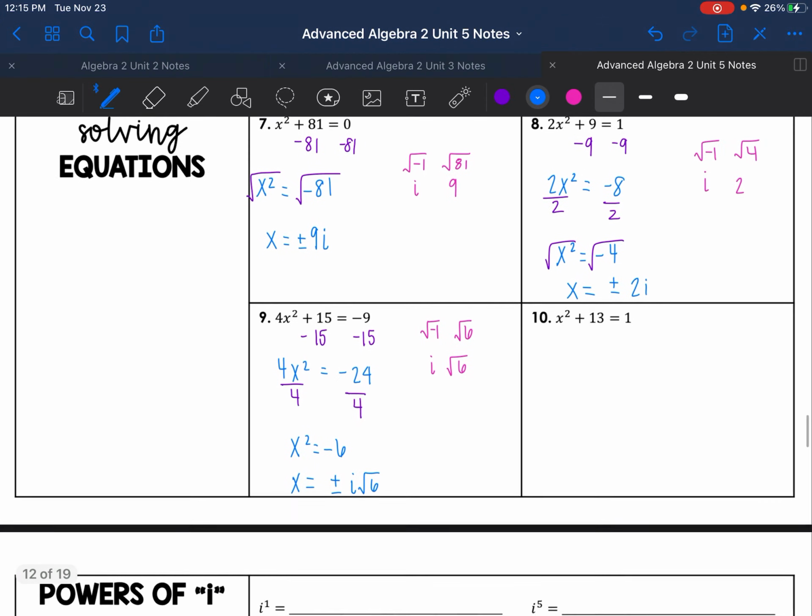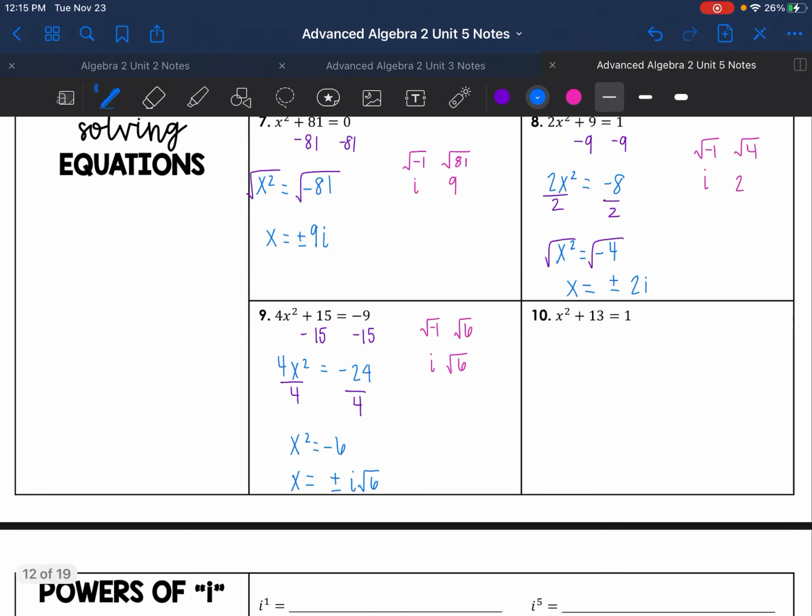Number 10, we subtract 12 from both sides, or 13, sorry, leaving us with x squared equals negative 12.